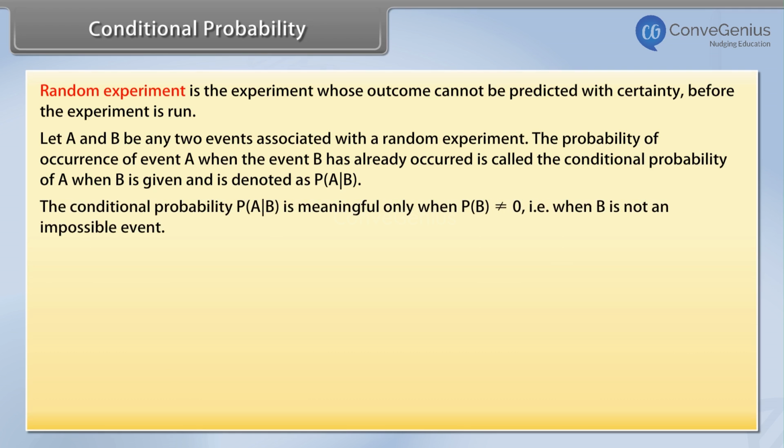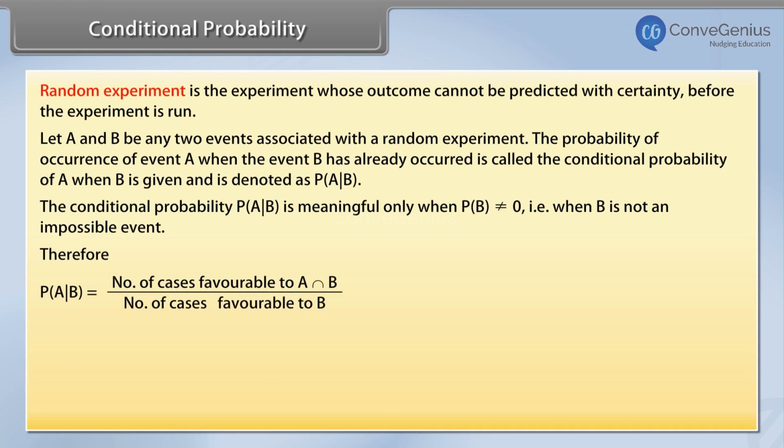The conditional probability of event A when event B is given is meaningful only when the probability of event B is not equal to 0, that is, when B is not an impossible event.